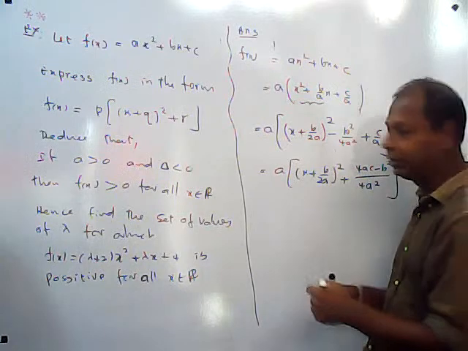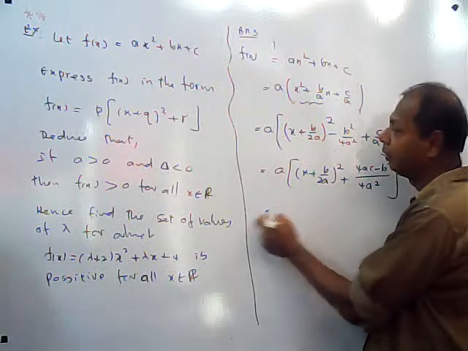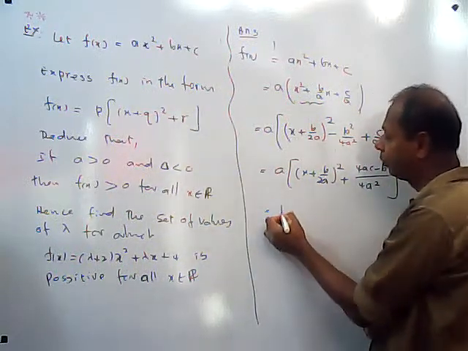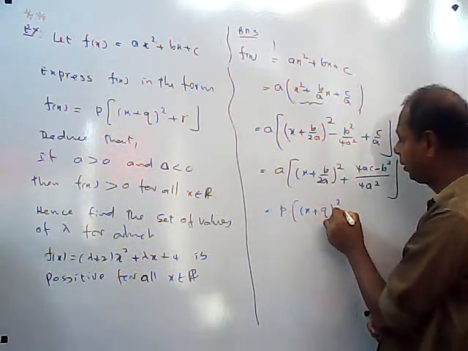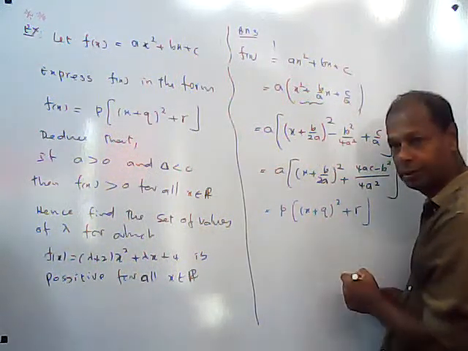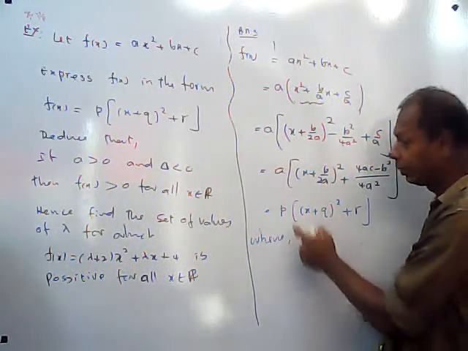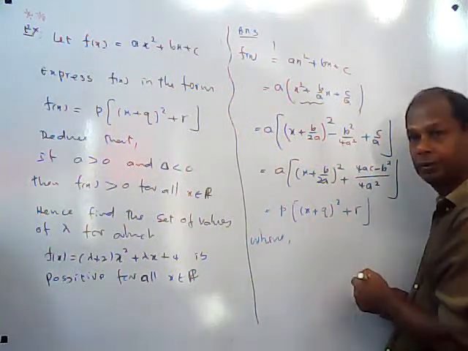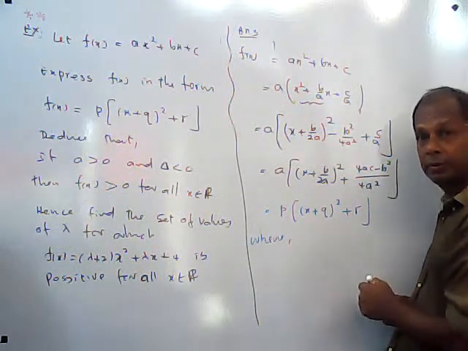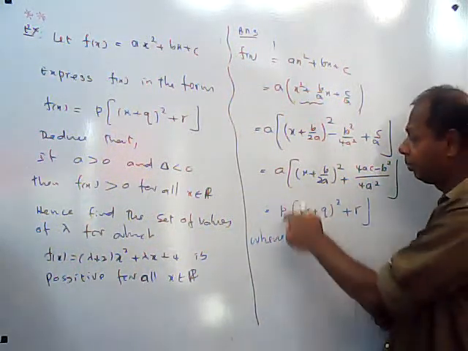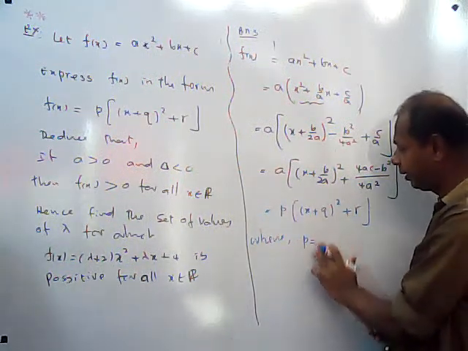Now, finally, we have to give it in this form. We got it in that form, but we have to explain. So it's in the form p times (x plus q) squared plus r, right? Where what is p? What is q? What is r? p is a.